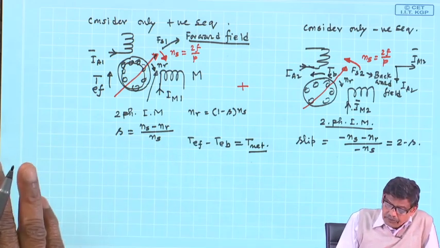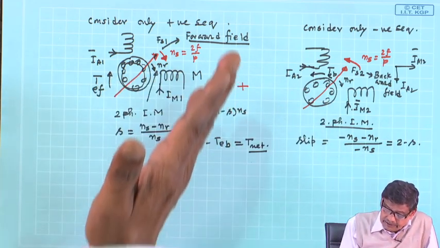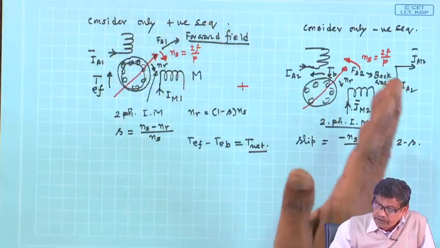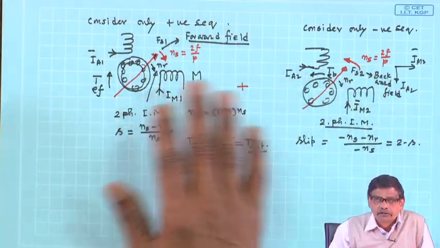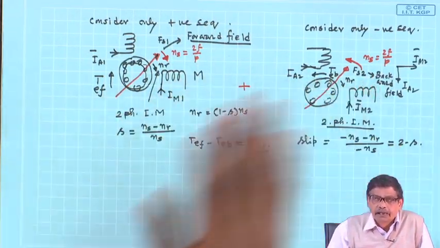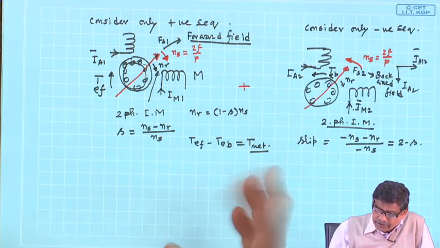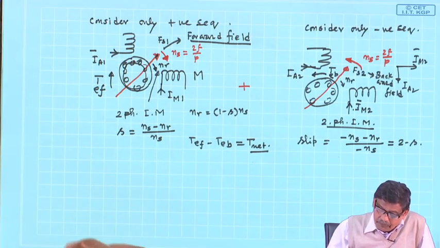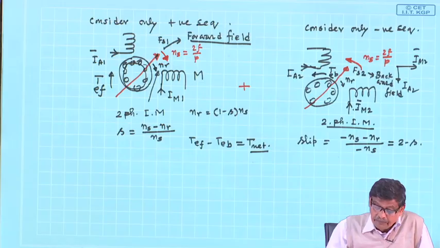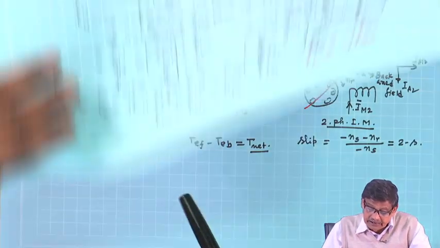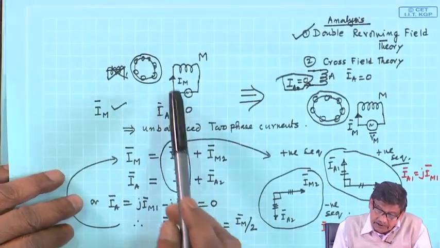So, you know that there is a forward field, there is a backward field. From another consideration also I will bring that forward field and backward field concept, mathematically it can be brought, but what I have done so far is that, once again let me go rather slowly.